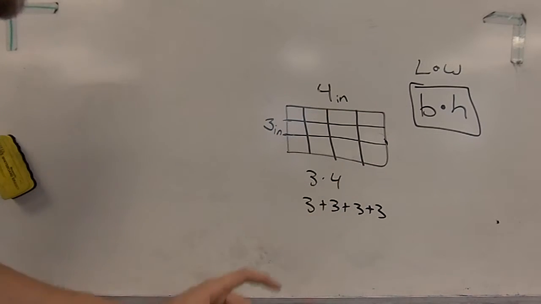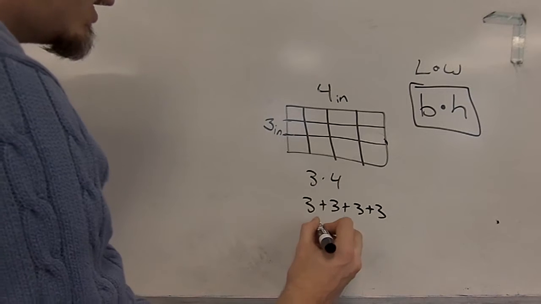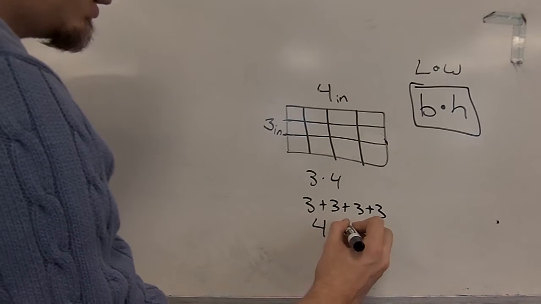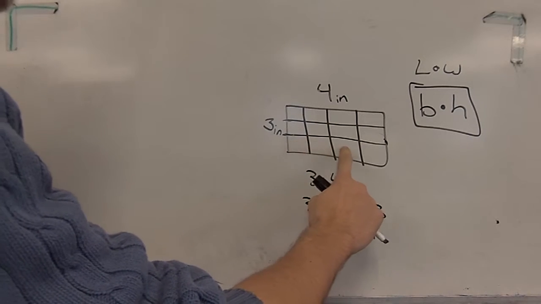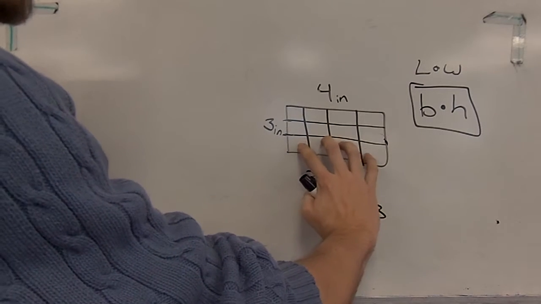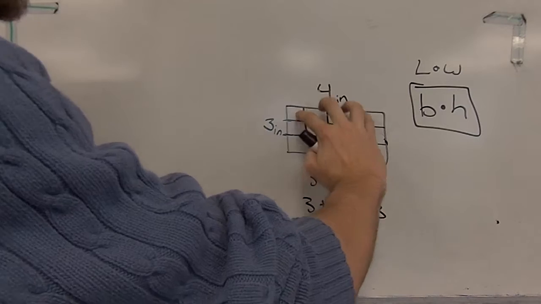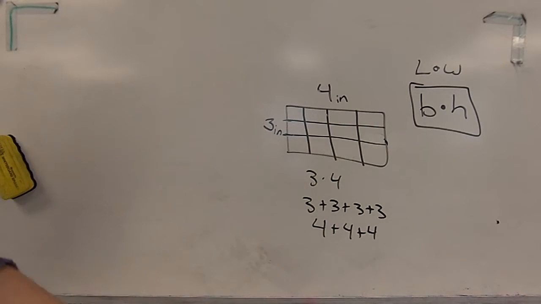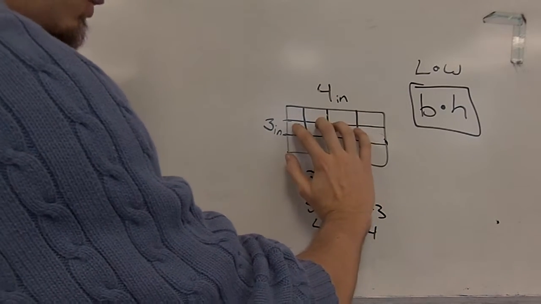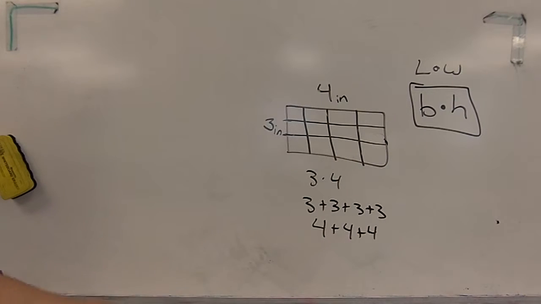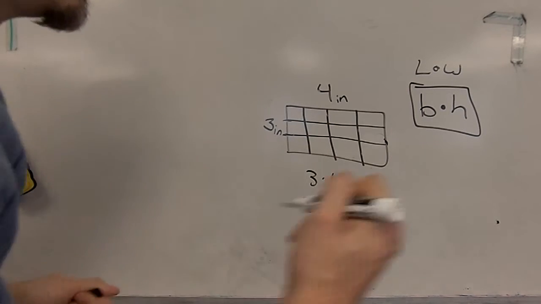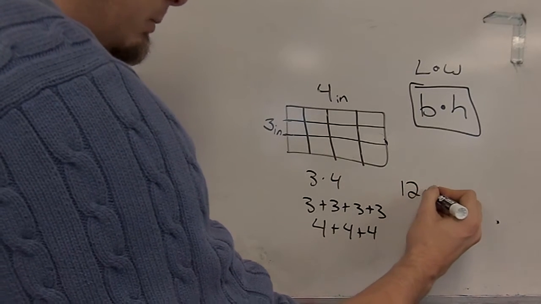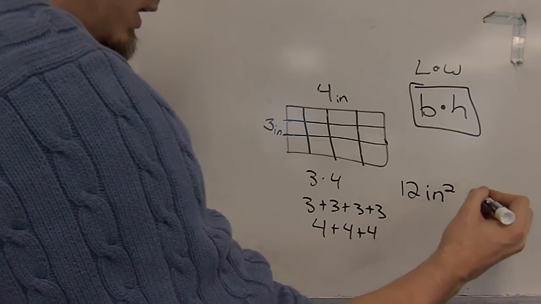Or the other thing that multiplying 3 times 4 means is you're adding 4 three times. So I have this row with 4 squares in it, and 3 rows of 4. So I'm doing 4 plus 4 plus 4. And that's how you get how many 1 inch by 1 inch squares fit inside this rectangle. So the area would be 12 inches squared.